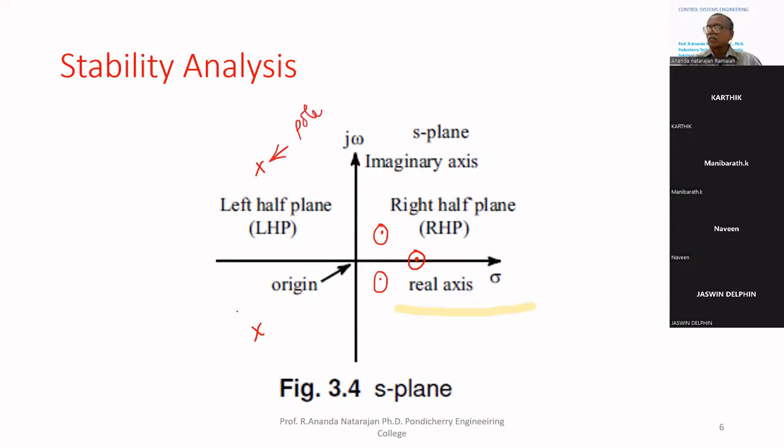This is another zero. Zeros are represented by a circle, and poles are represented by a cross, X. So if the poles are on the left-hand side, then the system is said to be stable.